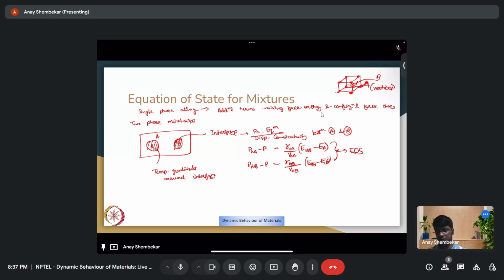You may go through a thermodynamics based route to get some idea. But a very simple rule that is often used to arrive at an initial point, think of it more like a calculated guess of how the equation of state would look for the two phase mixture, is that you basically do mass averaging.